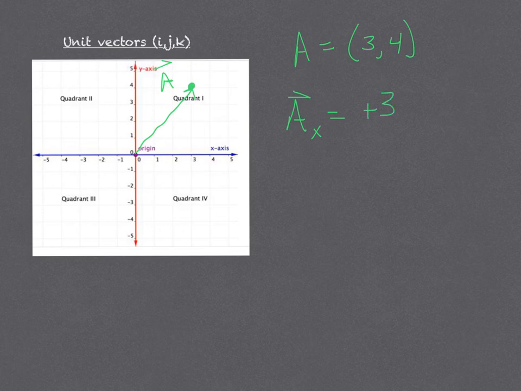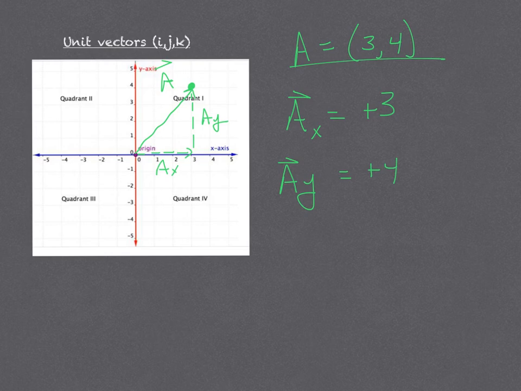If I wanted to label AY, it would be a positive 4. And that would be those coordinates, components of that displacement vector in the x and the y. Right, so that would be AY, that would be AX. And that's all this notation really is. Clumping the x's and y's together as a point.